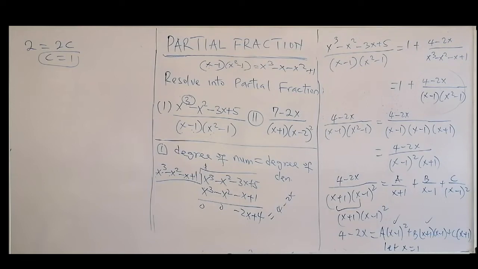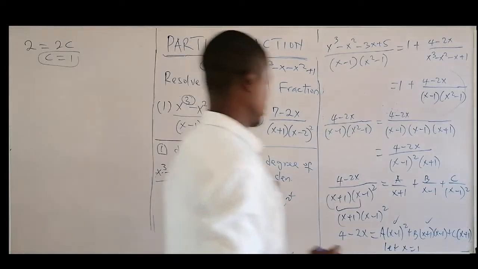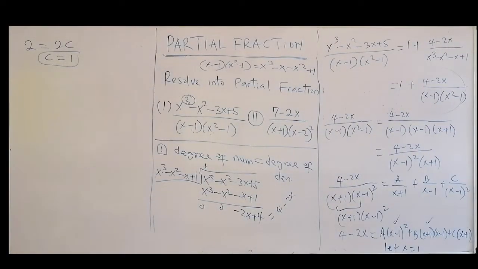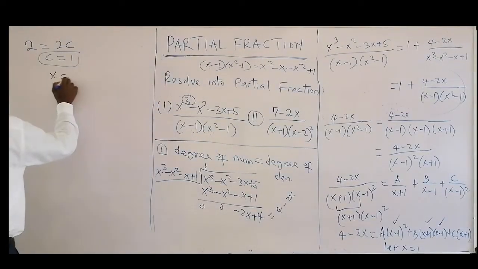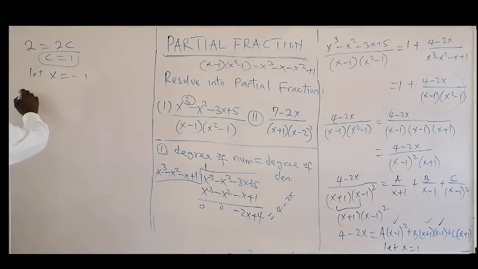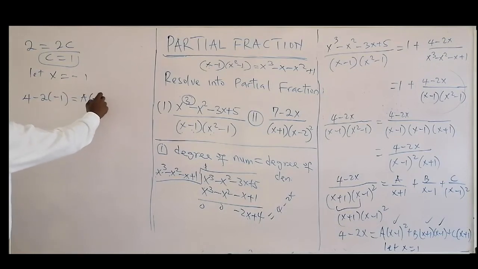Let x equal to minus 1. Minus 1 plus 1, so this will go, this will go. So x equal to minus 1, then we have that will be 4 minus 2 into bracket minus 1 equal to A into bracket minus 1 minus 1 squared.